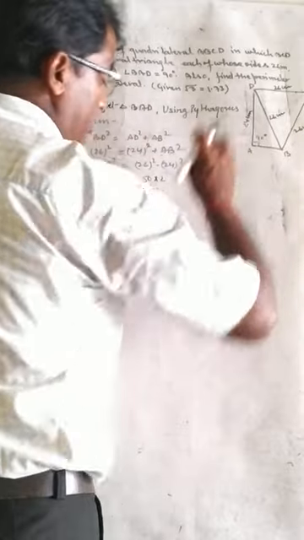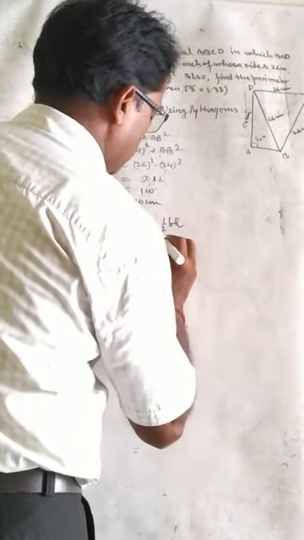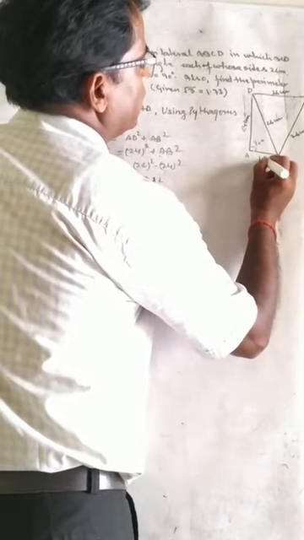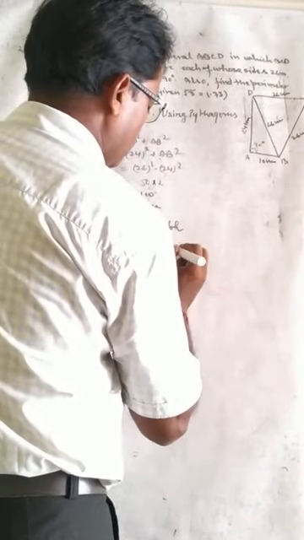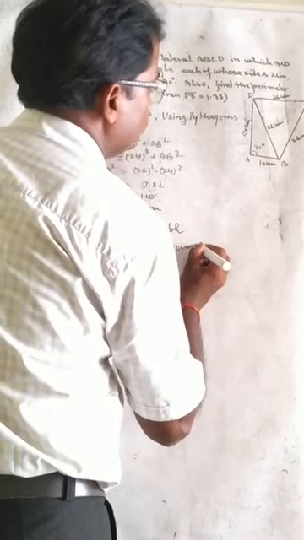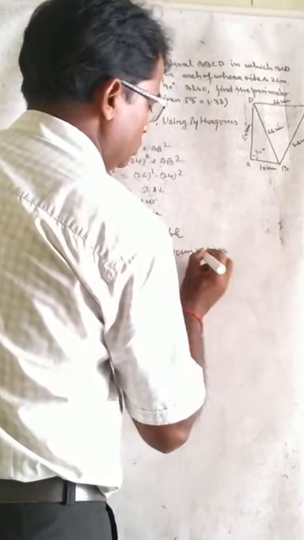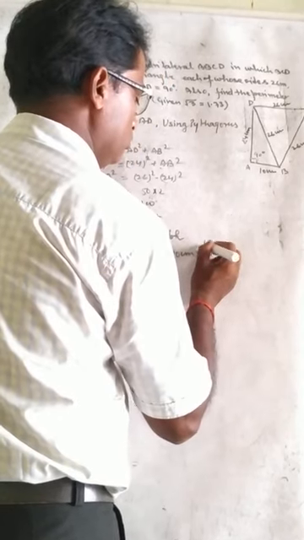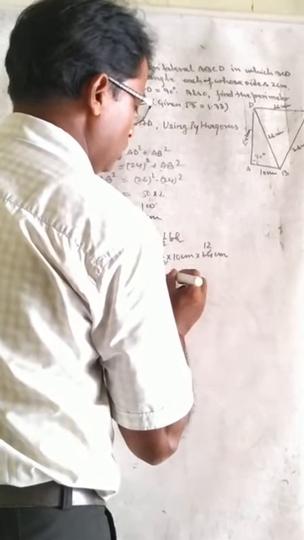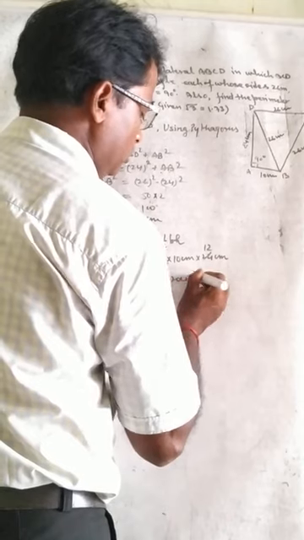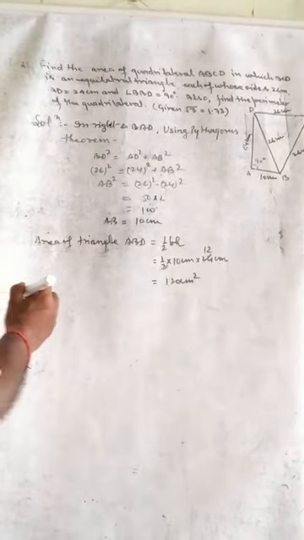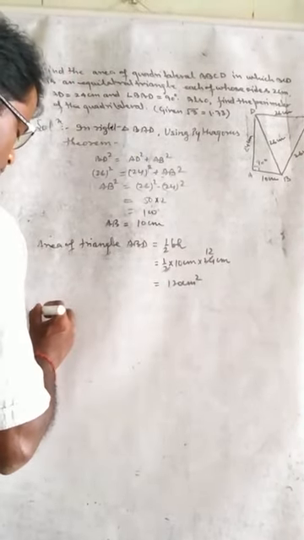It is a right triangle, that's why we can use 1 by 2 base into height. 1 by 2, base is 10 centimeter which we calculated, into 24 centimeter. This 2 cancels with the 24 to give 12. So 120 centimeter square.